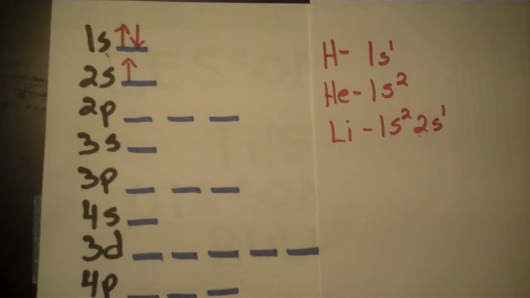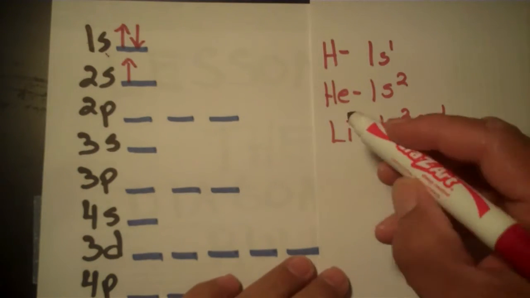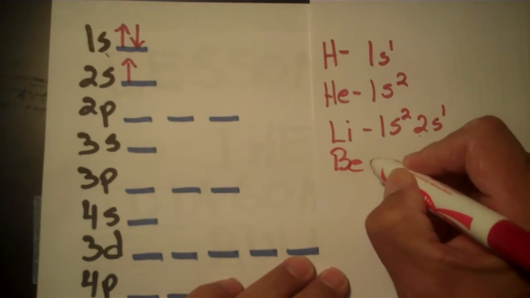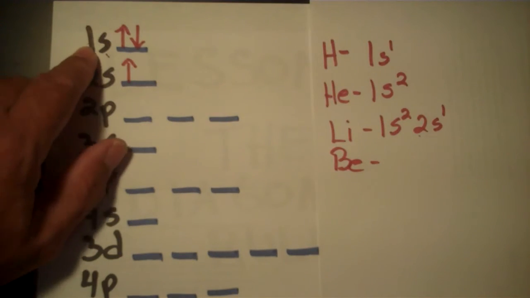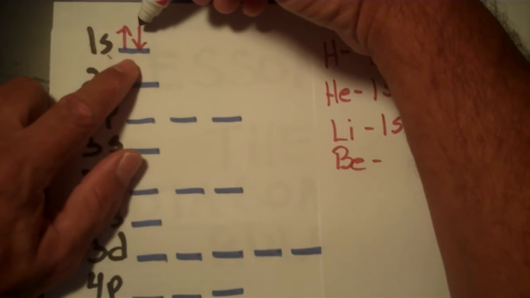Now, we're going to go up a couple more, and then I'll skip to a really big one. Right after lithium is beryllium, Be. Beryllium is number 4, 4 protons, therefore 4 electrons. I've got to place those 4 electrons. So I come to my 1s, and I put 1 up, 1 down.